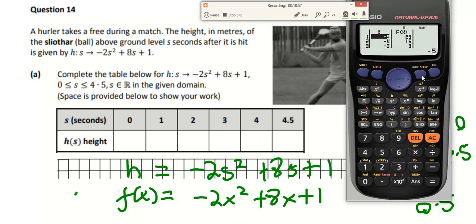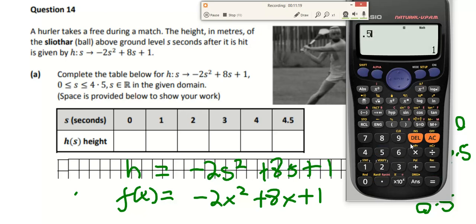Now, here we go. Minus 2x squared plus 8x plus 1. Starts at 0, ends at 4.5, and has a step of 0.5.